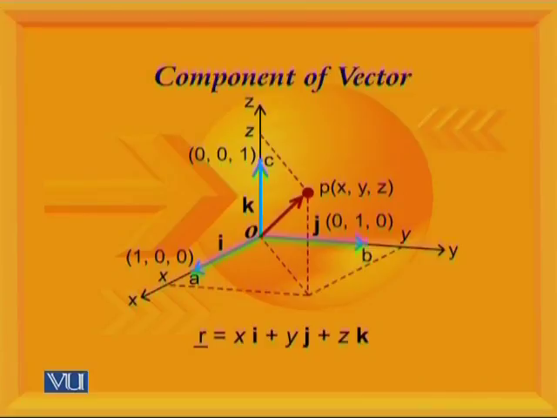We have already discussed in our previous lectures that if this vector makes an angle alpha with the x-axis, beta with the y-axis and gamma with the z-axis, then cosine alpha is x over magnitude of R, cosine beta is y over magnitude of R, and cosine gamma is z over magnitude of R.